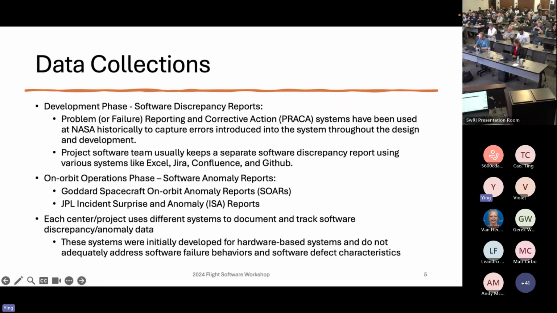We usually use a discrepancy report for the issues we find during development, either through review, inspection, or testing. You probably have different terminologies used in your project or organization. We have seen projects using problem report, PR, problem failure report, PFR, and PRACAS to document those discrepancy reports.